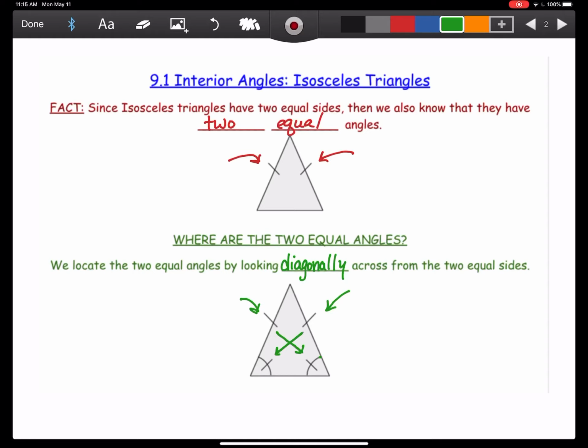So what we do is we mark them with angle marks, and we mark them with matching tick marks. And that tells us that these two angles are equal angles.